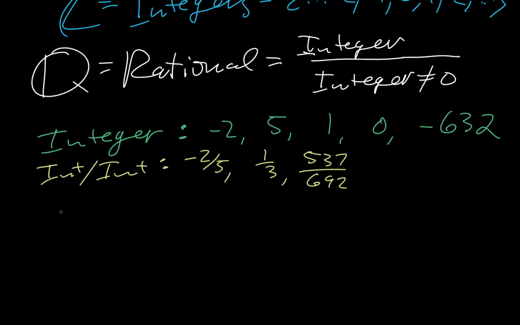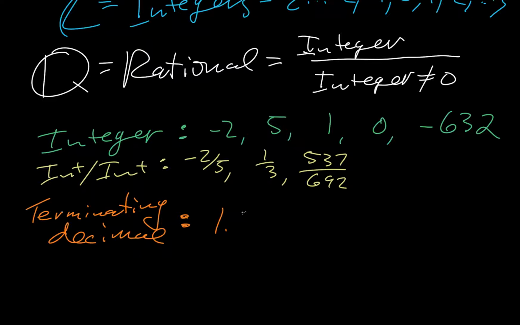Now, as far as decimals, we have terminating decimal. So all that means is a decimal that stops at some point. 1.5, 3.261, 7.32. All of those are decimals, but they stop somewhere. Okay.